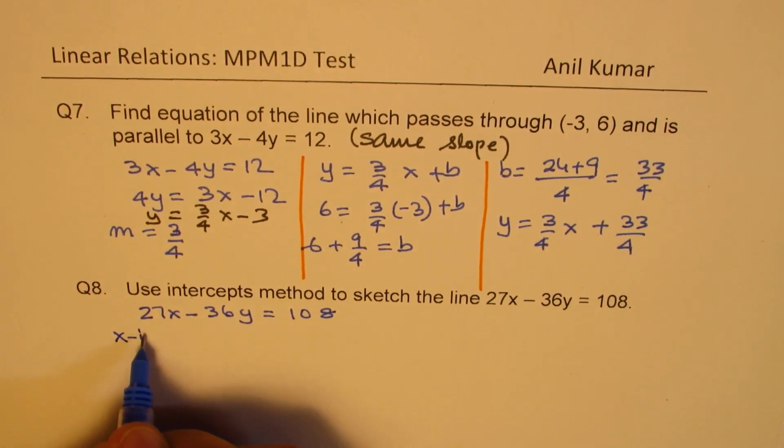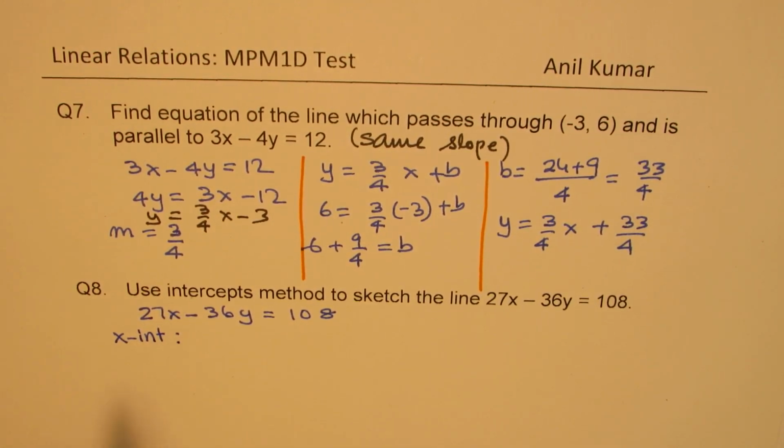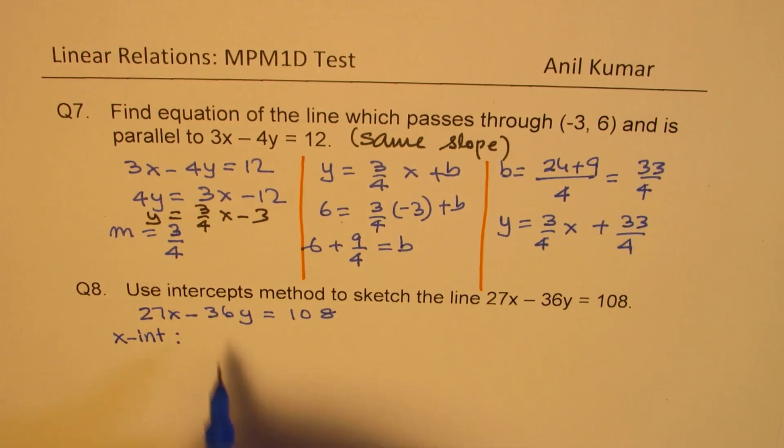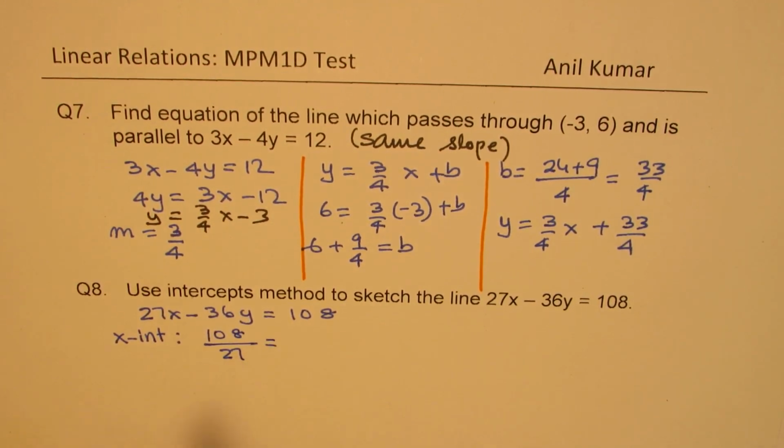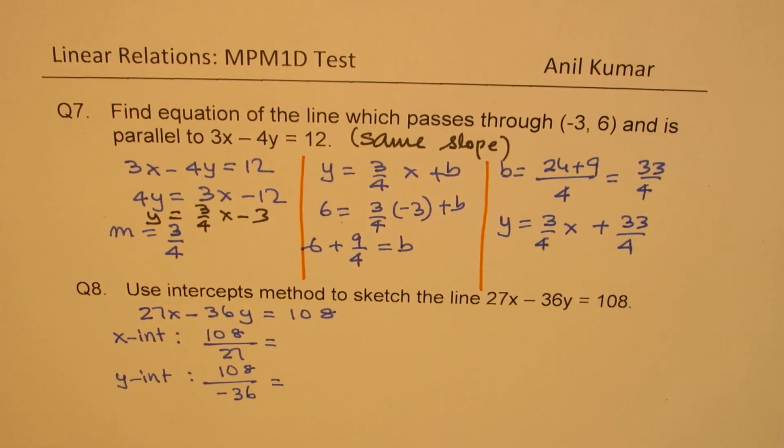The x-intercept will be, as we did earlier, y value will be 0, right? So it will be 108 divided by 27. We can calculate this. The y-intercept will be, this will be 0. So 108 divided by minus 36, correct? So that is how we get our intercepts.